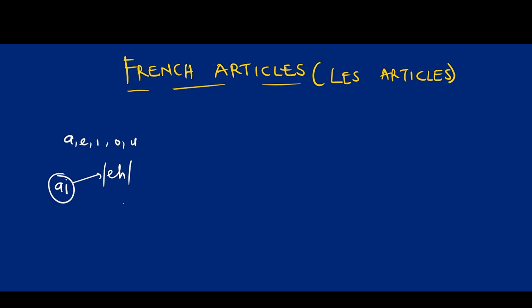It also depends on the consonant that will follow it. Look at this: lait, which is milk. Can you see this AI? It's rare to see A combining with E or with O in French.